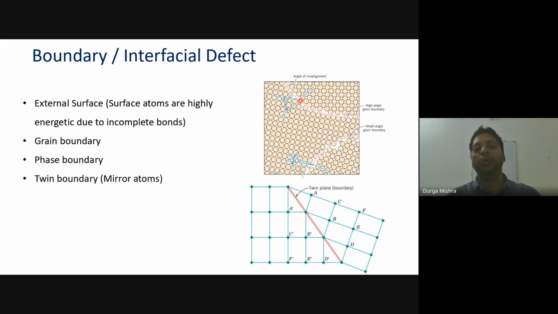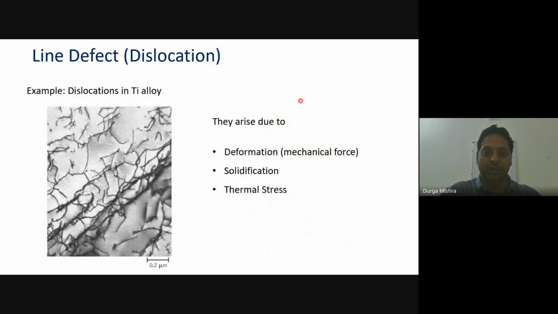Now if you want to see dislocations, for example, you cannot use an optical microscope anymore. You need to use an electron microscope. I gave an example of that just here. This is an electron microscope image.